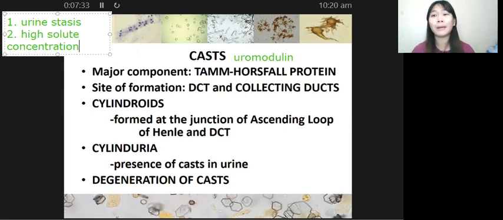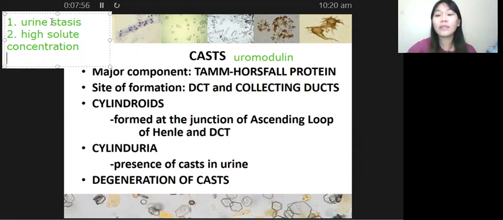Okay, so remember, when you go back to biochemistry, there are several factors which will promote the denaturation and the precipitation of your proteins, and one of which is high solute concentration. Mas nagpre-precipitate, mas naggelate ang ating mga proteins.